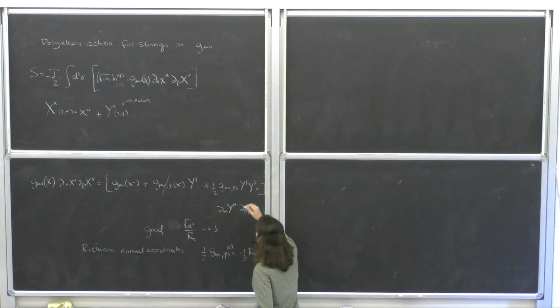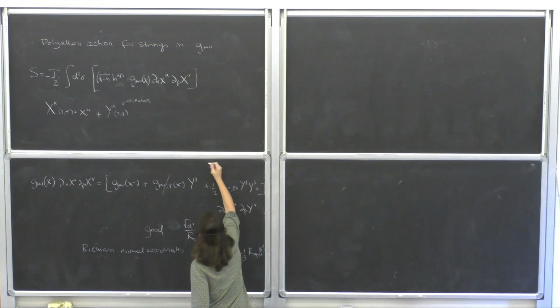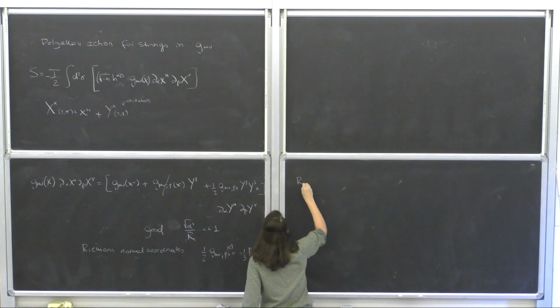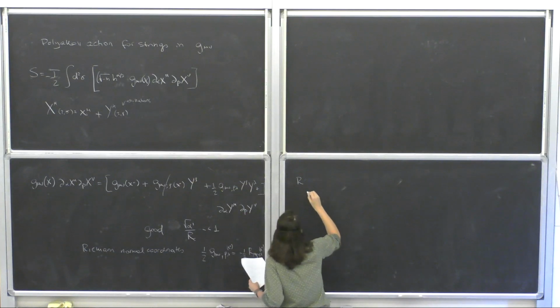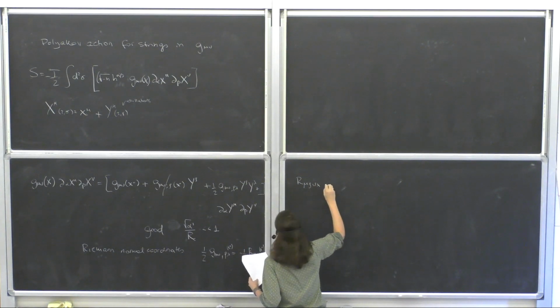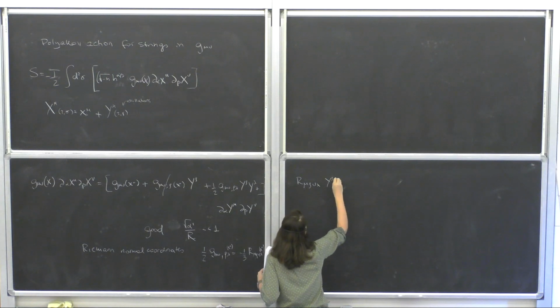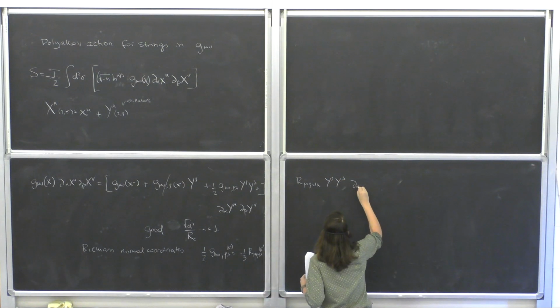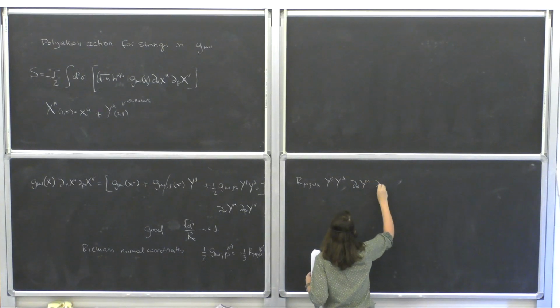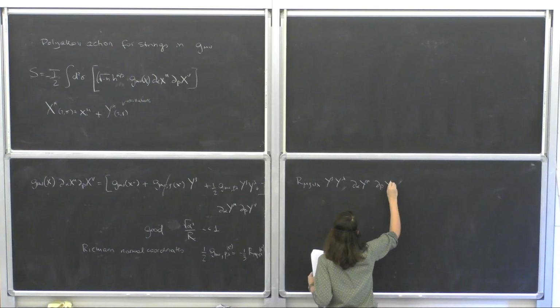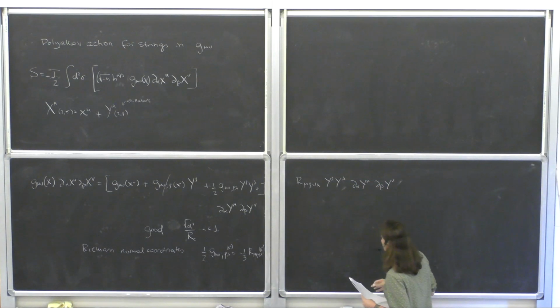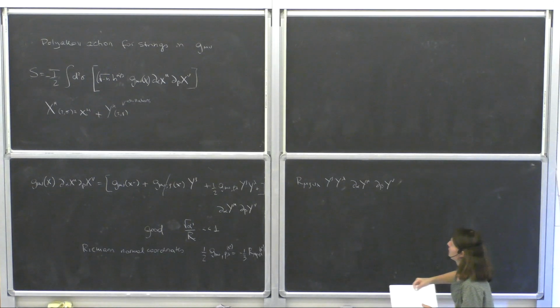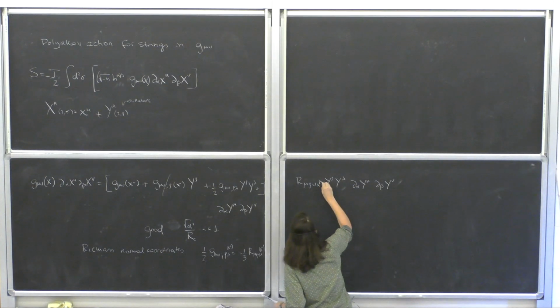So then what I get here is a term like R_{μρνλ} y^ρ y^λ ∂_α y^μ ∂_β y^ν, and this is at x_0.